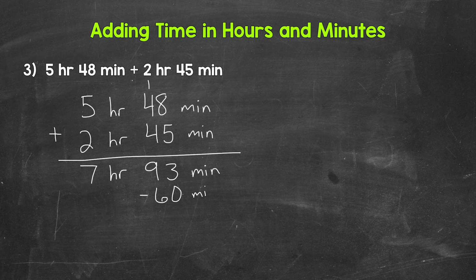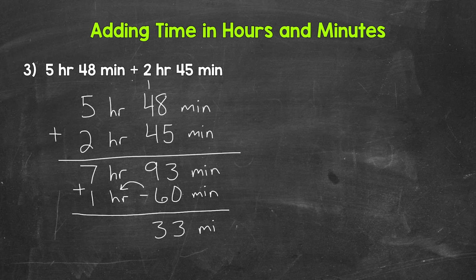So let's do 93 minutes minus 60 minutes. And then we take that hour and we add it to our hours. We converted that 60 minutes to an hour. So let's start with our minutes here. 93 minus 60. 3 minus 0 is 3. And then 9 minus 6 is 3.